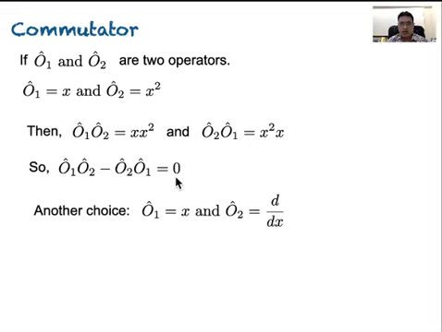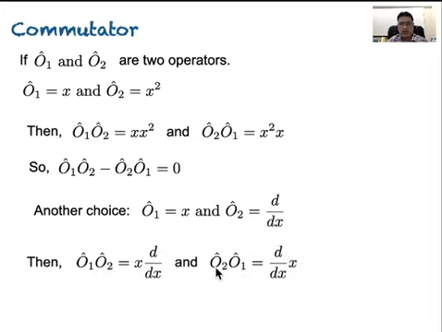Okay, another choice we can take: let's say O1 is equal to X, and now O2 is a differential operator, d over dx. In this case, if I take O1 O2, first O1 then O2, I will get x times d over dx, whereas when I take O2 times O1, I will get d over dx times x.